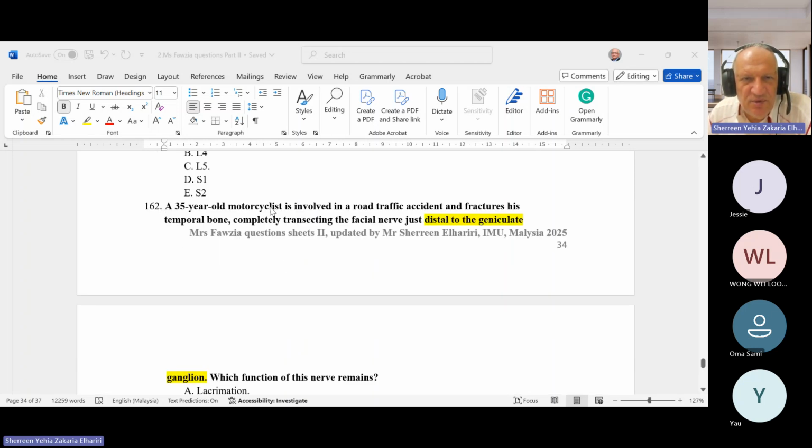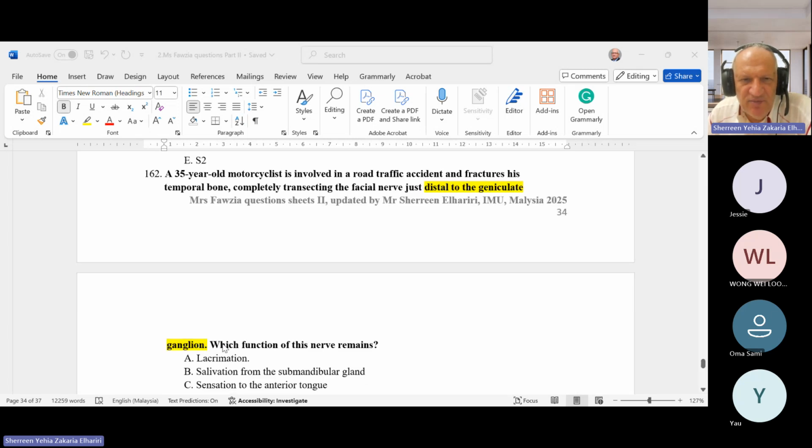A 35-year-old on a motorcycle is involved in an RTA and fractures his temporal bone, with complete transection of the facial nerve just distal to the geniculate ganglion. What function of this nerve remains? Of course, it is important to know the distribution of the facial nerve.